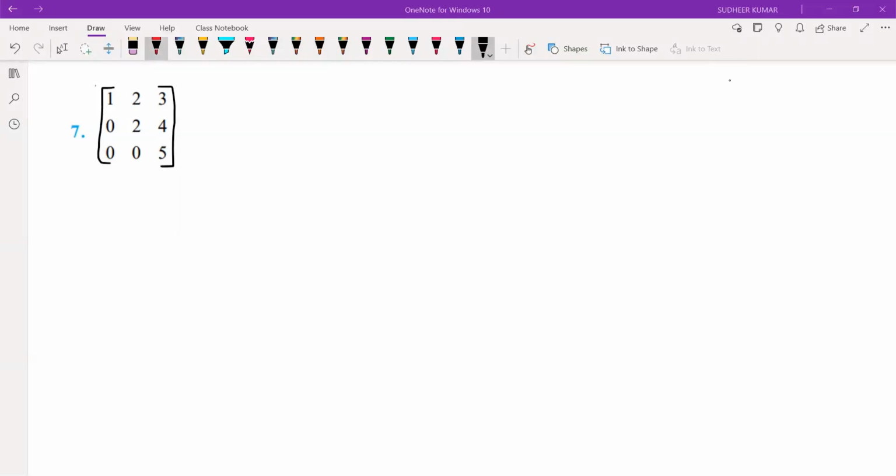So in this question, they asked to find A inverse. A inverse exists when det A is not equal to 0. So this is the first condition. First we have to verify det A. If det A is not equal to 0, this is called a non-singular matrix.